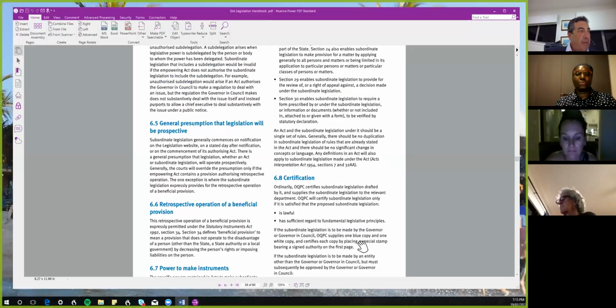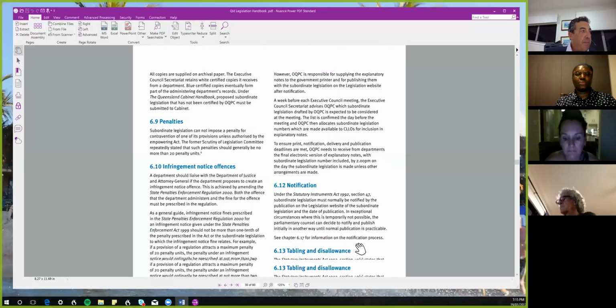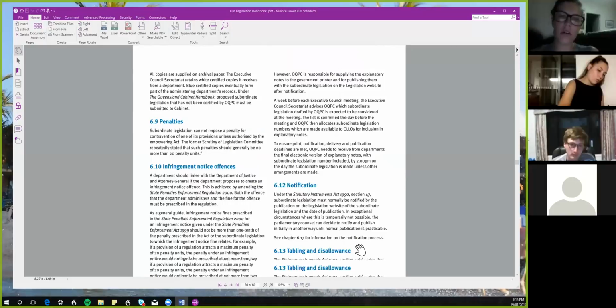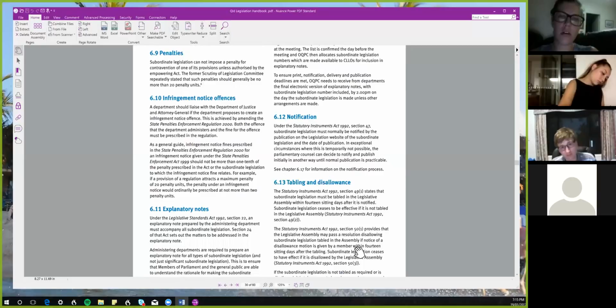6.11 deals with explanatory notes. It refers to the Legislative Standards Act. 6.13 deals with tabling and disallowance, and again we see reference to other legislation, that is the Statutory Instruments Act.